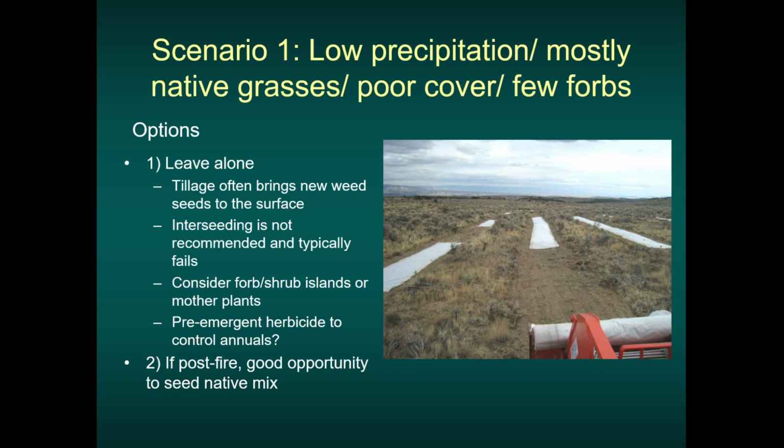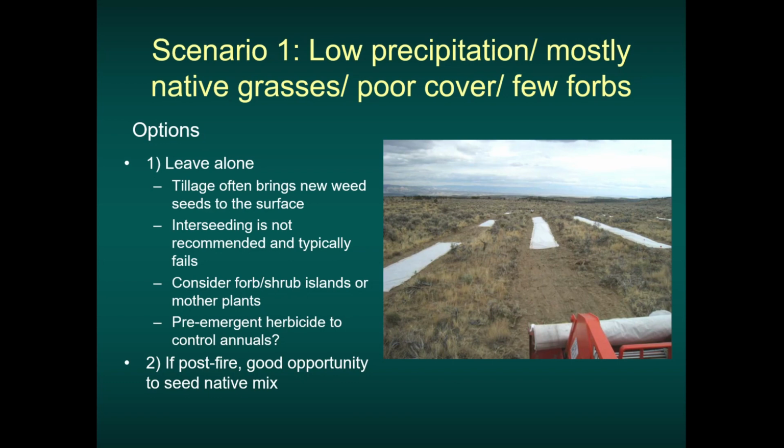If you go into some serious site prep, with any tillage or chemical control, then you might just be allowing whatever weeds are there to explode and get established and take over the site, and then you're going to have trouble getting better things to come in.